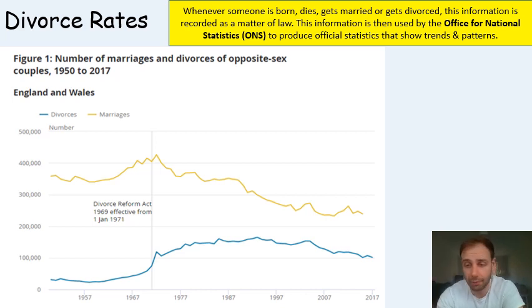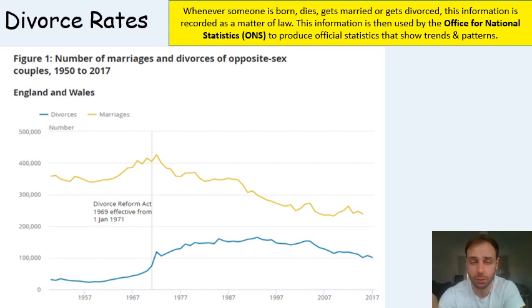When somebody is married, it has to be recorded. When someone gets divorced, it has to be recorded, and so on. Therefore, if you see statistics on births or deaths or marriages or divorces, you can trust them. They are valid because it is a matter of law that those statistics are recorded, and therefore when they're released, they're trustworthy.